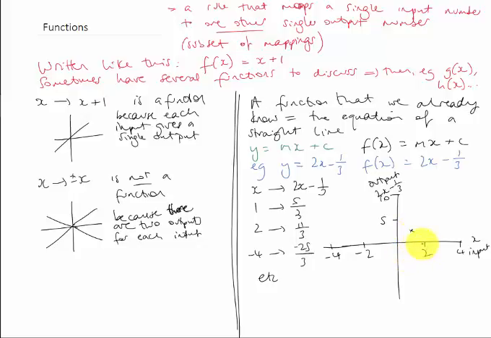If x is 2, then y is 11/3, which is somewhere here, and minus 4, that gives us minus 25/3, which is down here somewhere. So again, this gives us a nice straight line. So this is something we already know, but we can think of it as a function if we like.